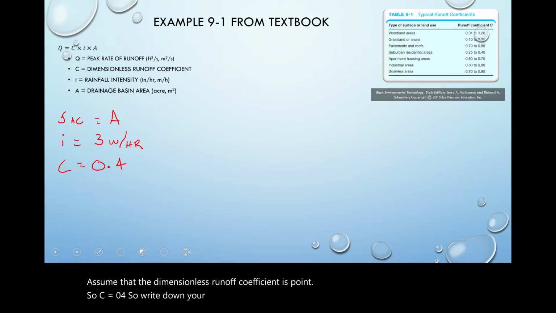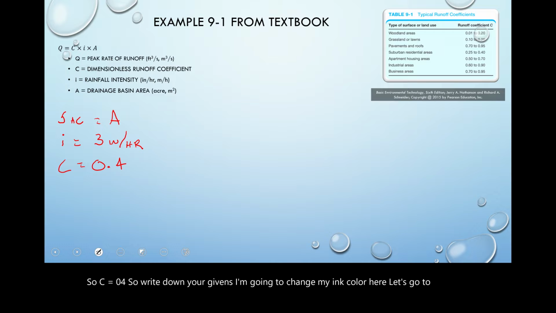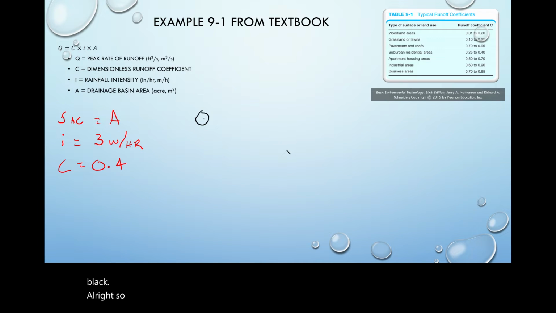I'm going to change my ink color here. Let's go to black. All right, so using Q equals C times I times A, we have 0.4 times 3 times 5.